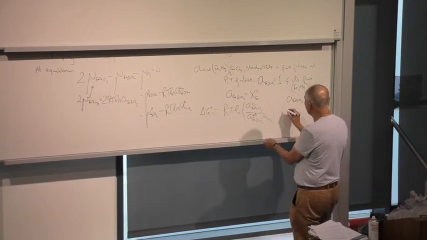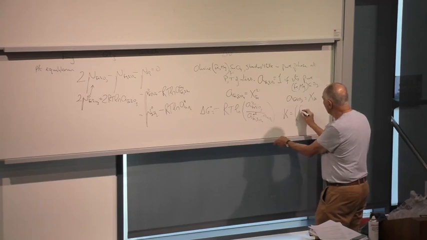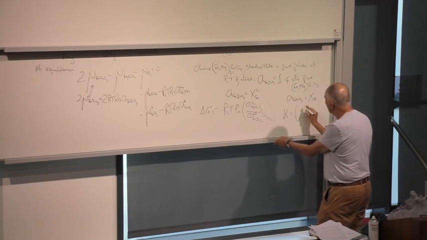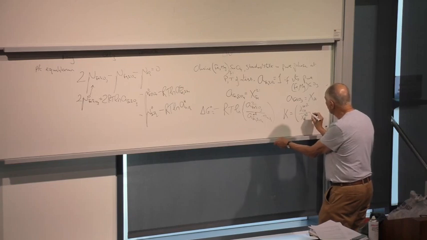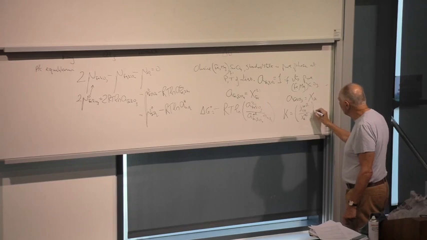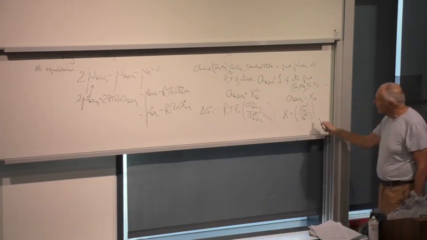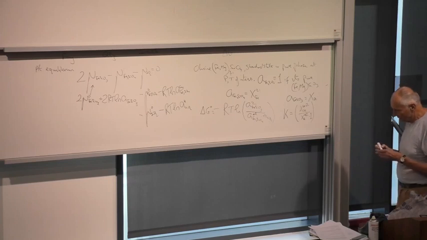So K then is equal to XFe in the pyroxene squared divided by XFe in the olivine squared. And assuming the quartz is pure, it very rarely has anything other than pure SiO2 in it, the activity of SiO2 is 1. Alright?